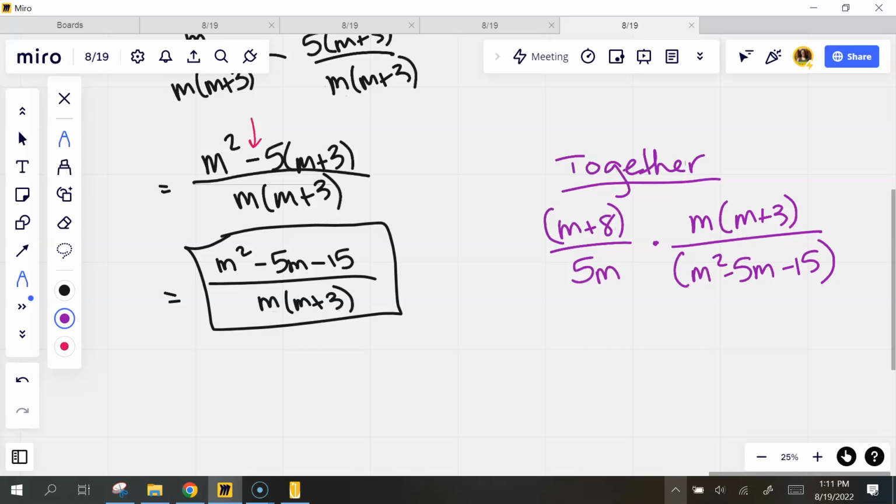The m. I'm left with m plus 8. The m that's on the outside all by itself, because it's being multiplied and it's in the top and the bottom. If that happens, yes. Now I'm done.